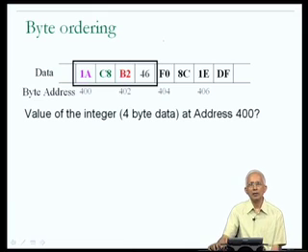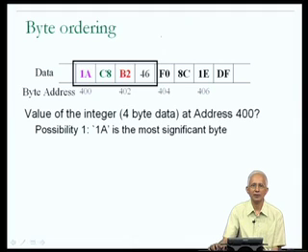Now here's the situation that we have. We have 4 bytes in memory, and the question is, what is the unsigned integer value of the 4-byte quantity at address 400? In other words, the quantity which occupies bytes 400, 401, 402, 403. One of the possible answers is that I could view byte 400, in other words the value 1A, as the most significant byte.